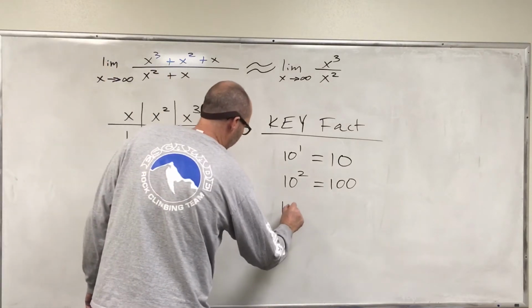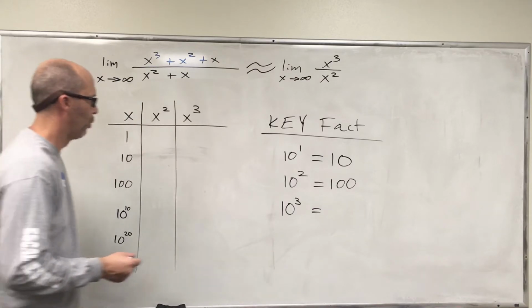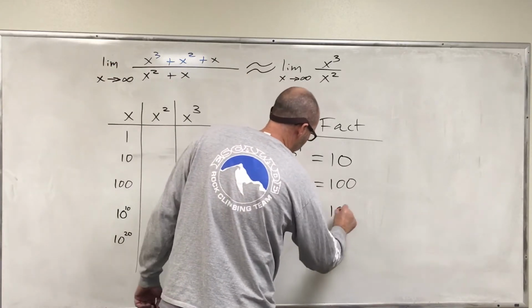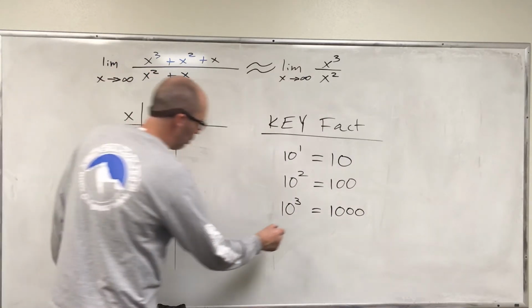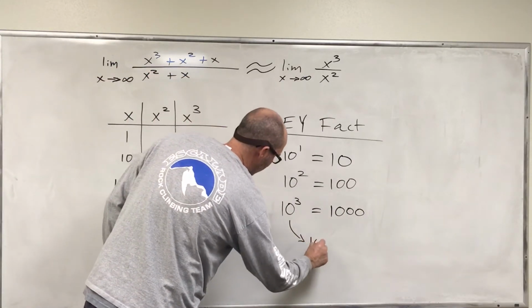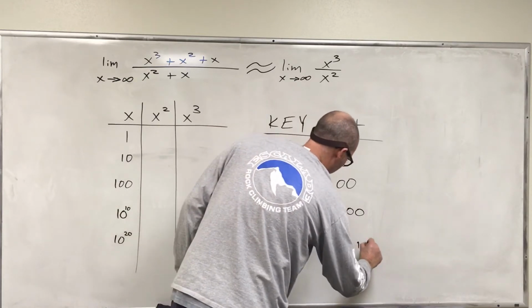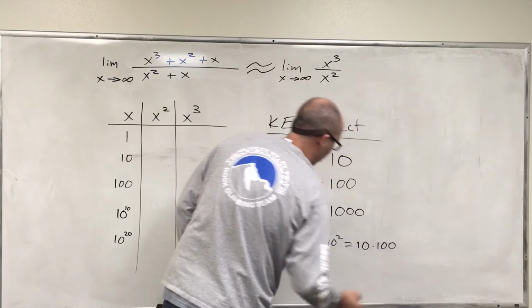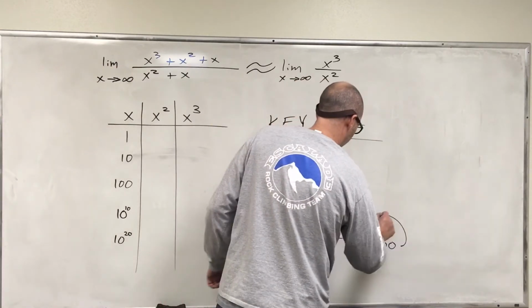All right, 10 cubed is a 1 with 3 zeros after it. Another way to verify this is that it's 10 times 10 squared, which is 10 times 100. If you did the math, you would see that that's exactly that.